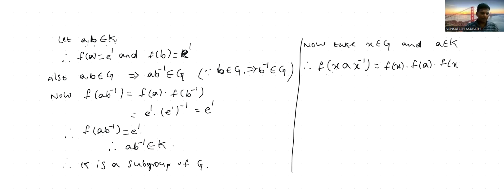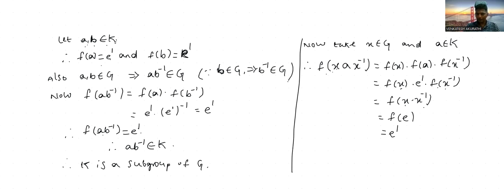F of A is equal to the identity element E dash, and F of X into F of X inverse is equal to F of X X inverse, that is F of E, and F of E is equal to E dash.